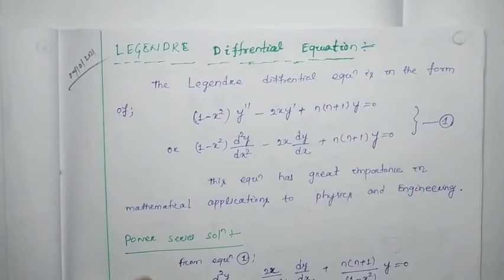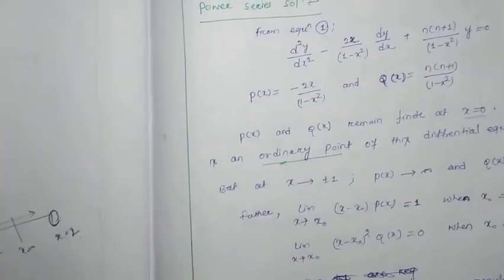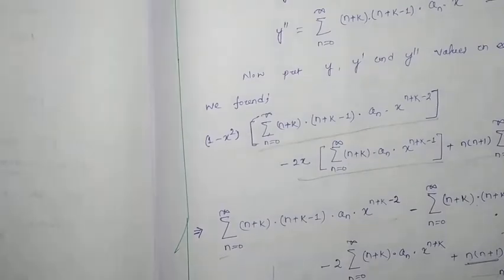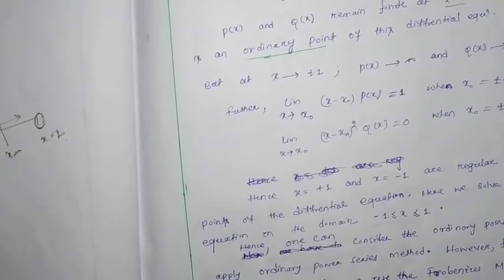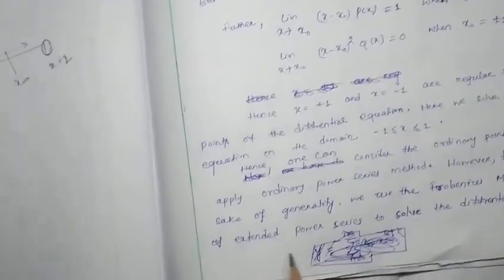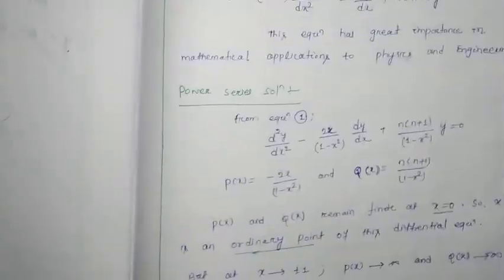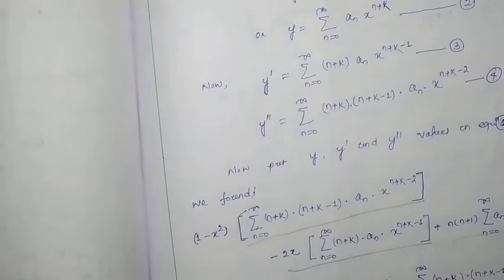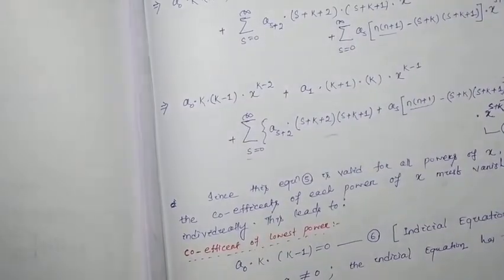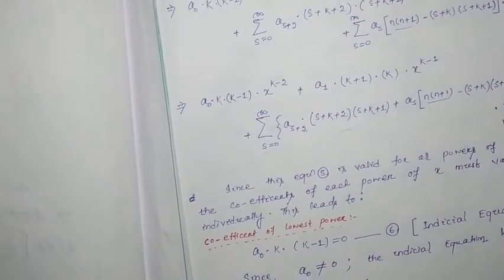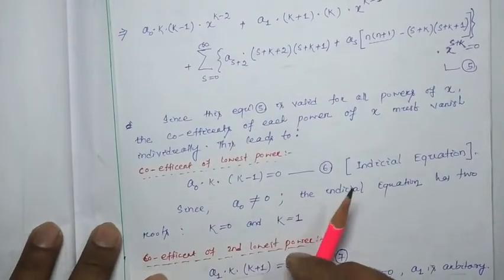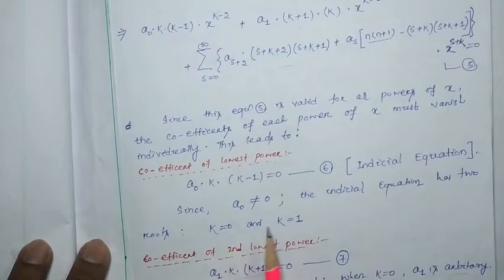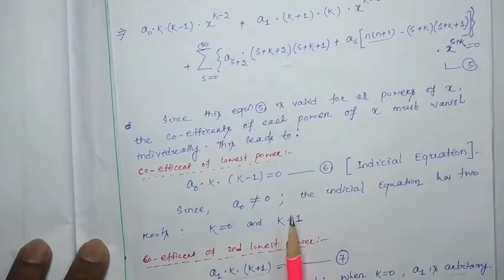We considered the Frobenius extended power series method to solve this differential equation, and we found the indicial equation is this one, and from it we found two roots, k equal to 0 and k equal to 1.